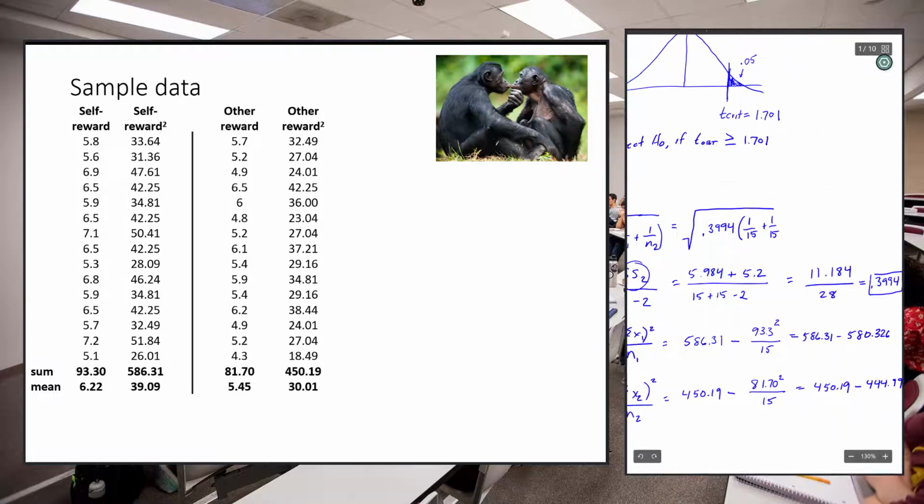And this is equal to the square root of 0.3994 times 0.1333.